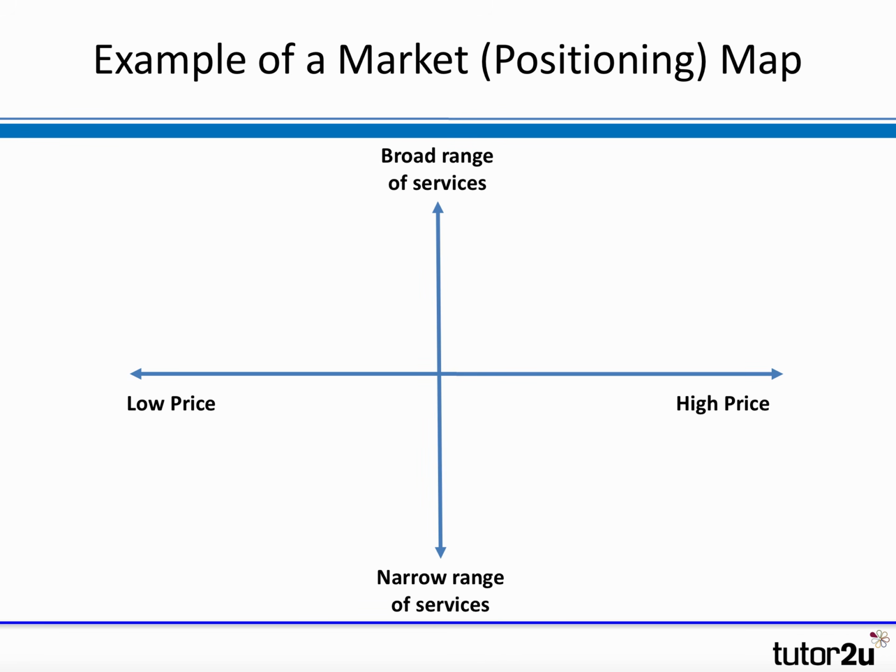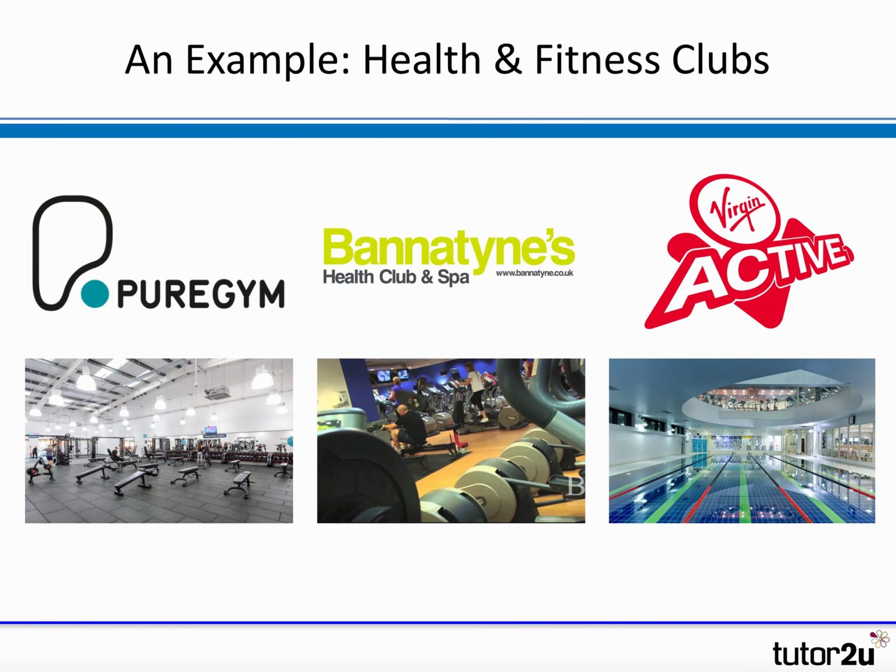And in terms of vertical, I'm going to take an example from the service industry, and I'm going to try to market map a variety of businesses in terms of whether they offer quite a wide range or broad range of services, all the way down to a fairly narrow range of services. And the sector I'll take is one that is maybe familiar to you. It's the health and fitness club market, just to show you and illustrate how the market map works.